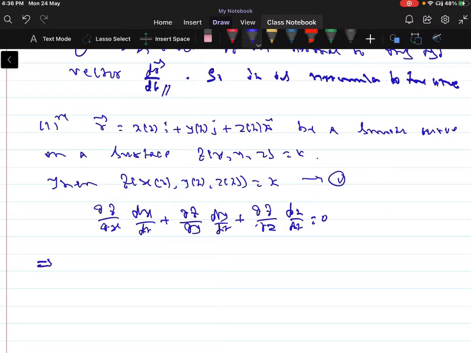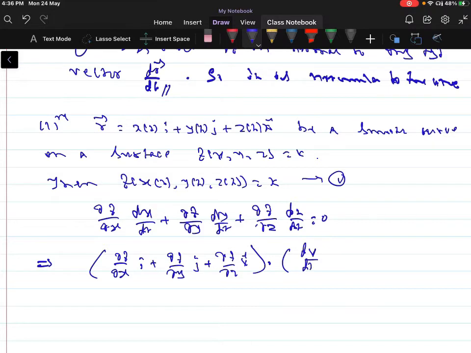So this implies, in the form of vectors, ∂f/∂x into i cap plus ∂f/∂y into j cap plus ∂f/∂z into k cap, dot product of dx/dt into i cap plus dy/dt into j cap plus dz/dt into k cap, is equal to 0.